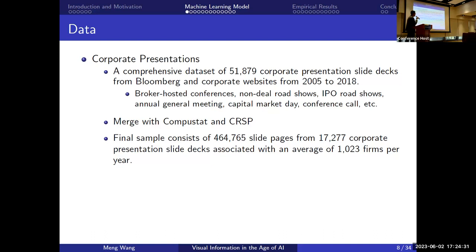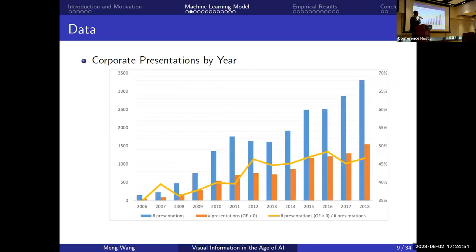Our final sample consists of 464,765 slide pages from 17,277 corporate presentation slide decks associated with an average of 1,022 firms per year. To give you a general look at our sample, this figure plots the number of corporate presentations by year.